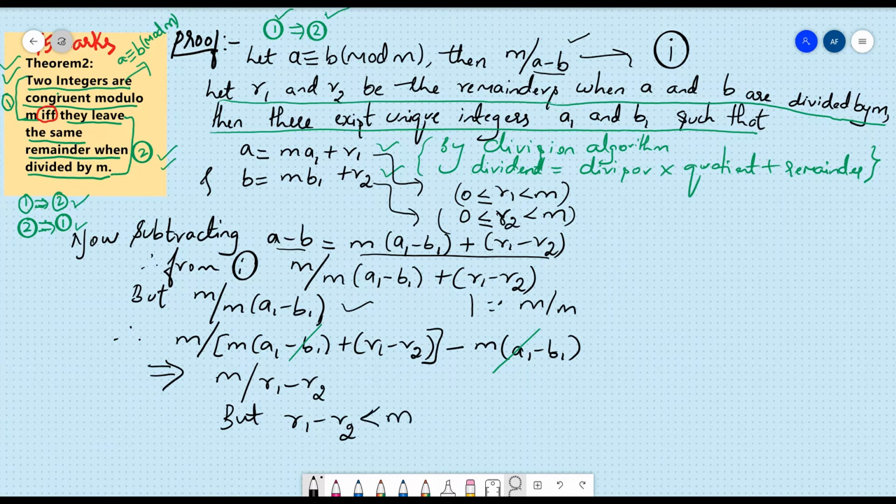It is less than M. That is obvious, because R1 lies between 0 and M and R2 also lies between 0 and M. If I subtract R1 minus R2, the value will be smaller, so it will be less than M only.